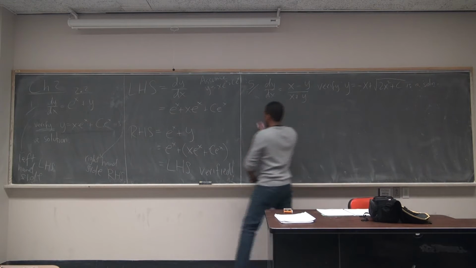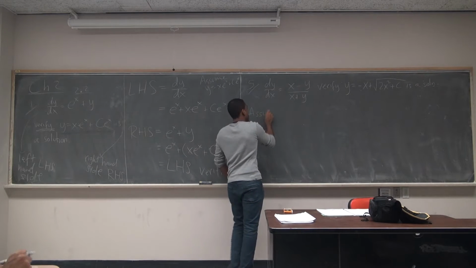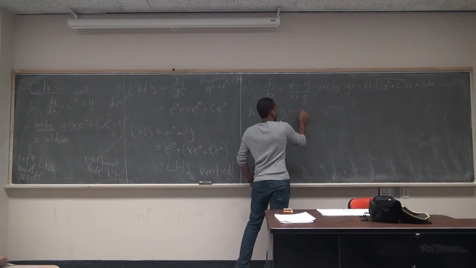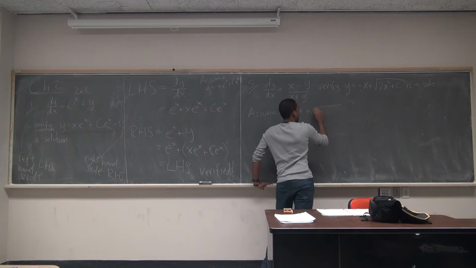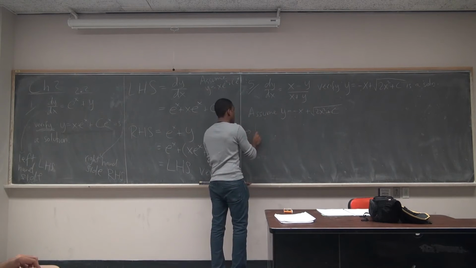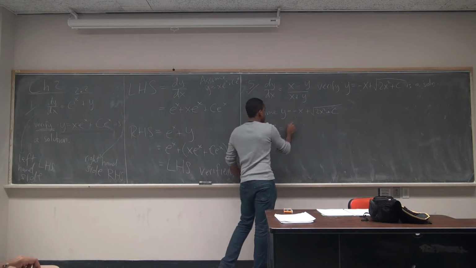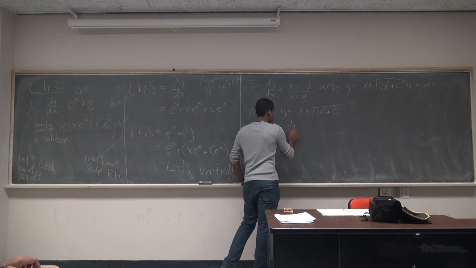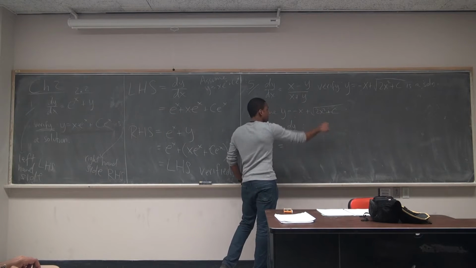Okay, so same idea. I'm going to assume y is equal to this. We'll get to part b after. Then, if I look at the left-hand side, that's just the derivative of y with respect to x. Differentiate this, what do I get?